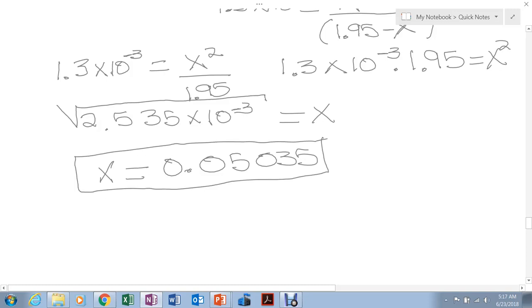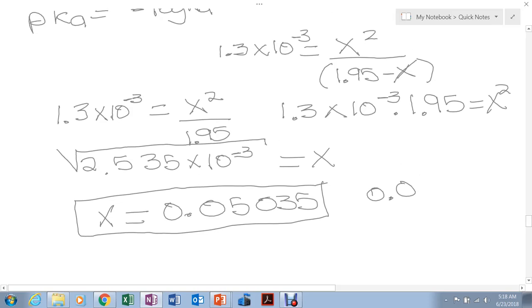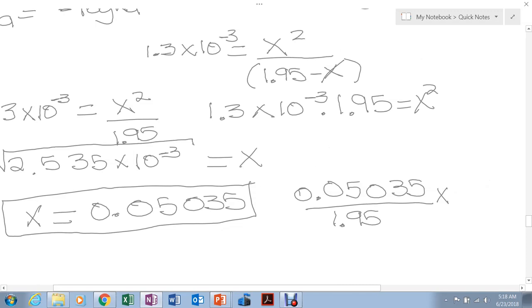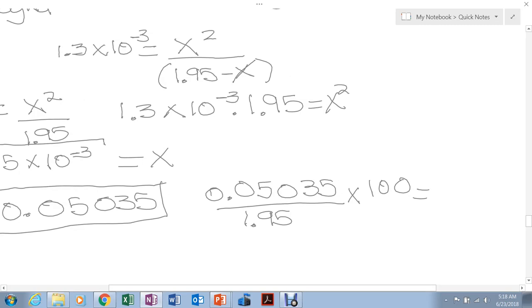But let's try the 5% check. The way of doing it is to see if the drop was reasonable and acceptable. 0.05 divided by 1.95, this divided by this, times 100, equals 2.58% or 2.6%.